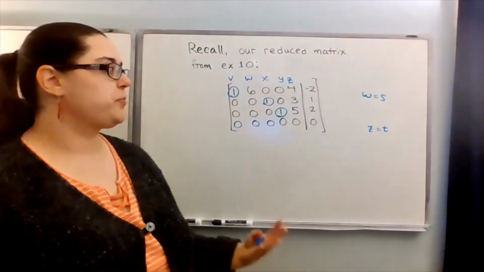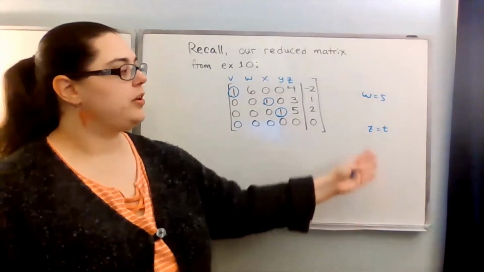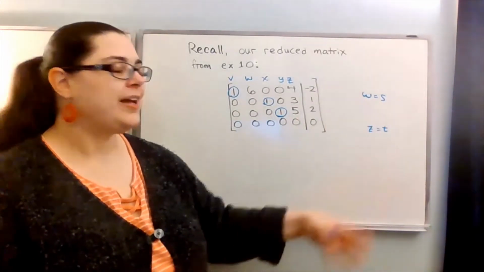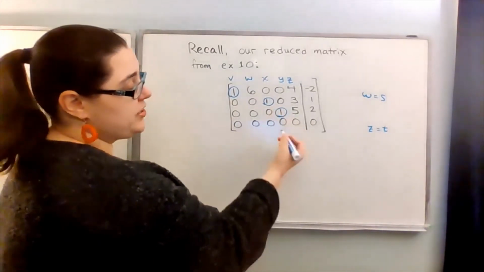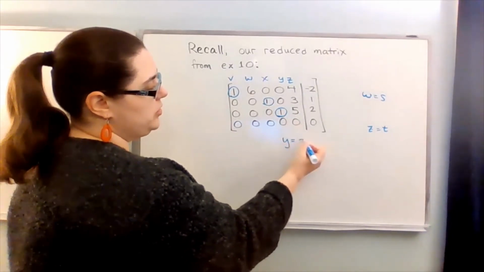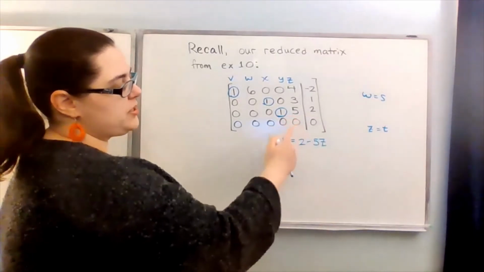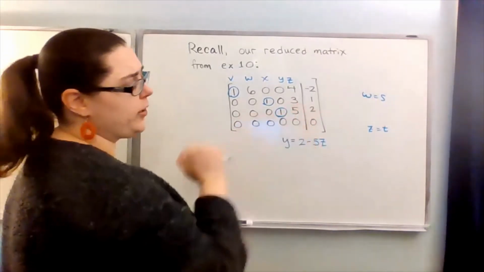So the columns where we didn't have a pivot position is where we ended up having a parameter in our final solution. This kind of makes sense because with this pivot position here, I could define, in this case, Y would equal 2 minus 5Z. All I did here was this should be Y plus 5Z, so I subtracted the 5Z to bring it over, right?